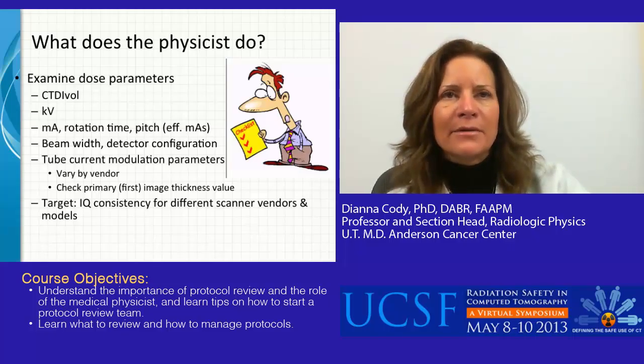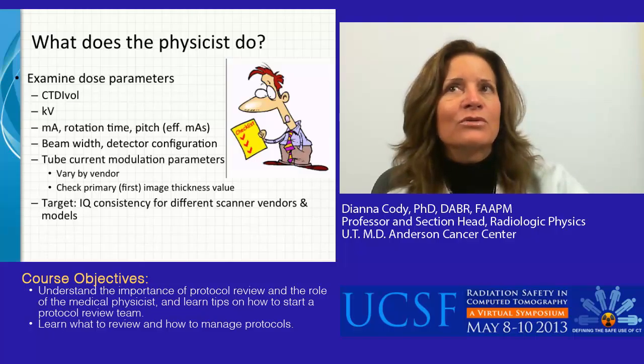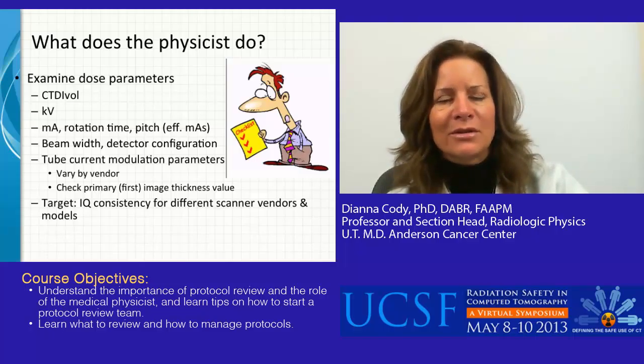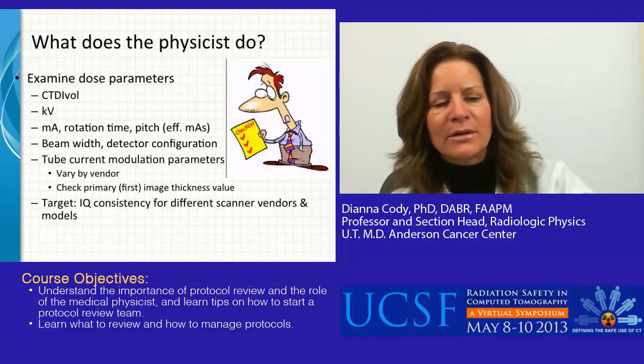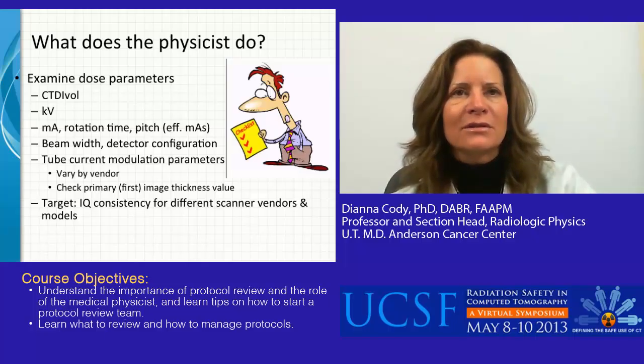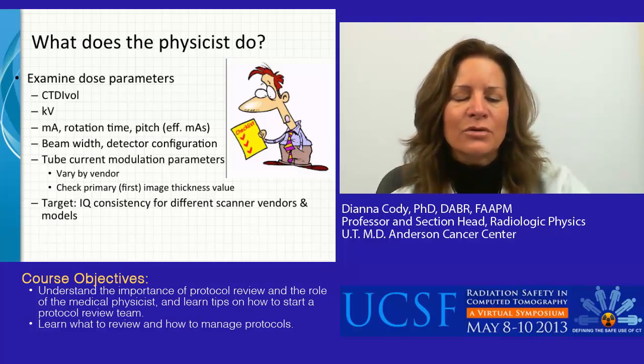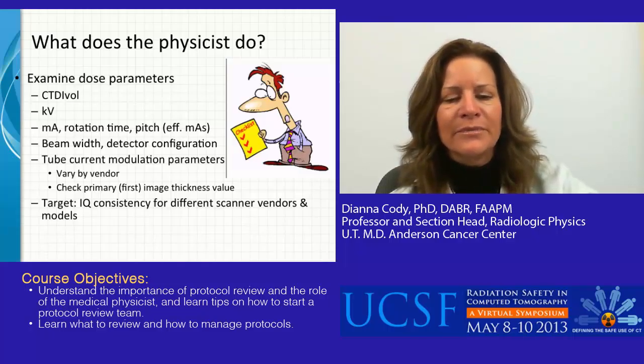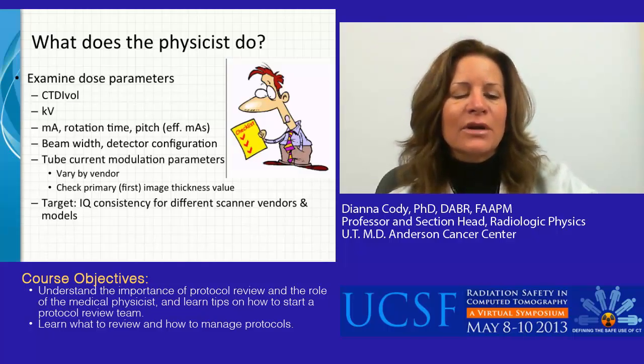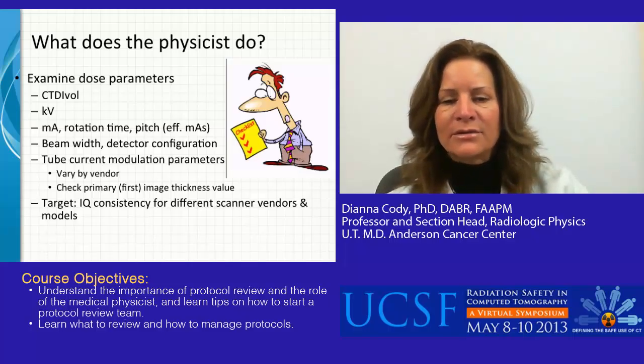Some vendor tube current modulation approaches are very, very sensitive to the primary or first image thickness value that's programmed in. This is another place where the physicists tend to be very compulsive and neurotic, because it can really drive dose really high or really low if that's not very carefully controlled. The target is to have image quality consistency for different scanner vendors and models.